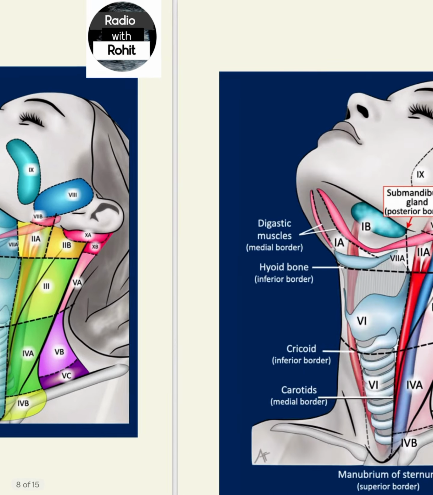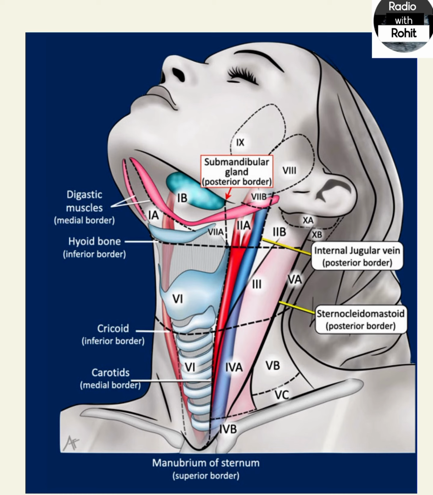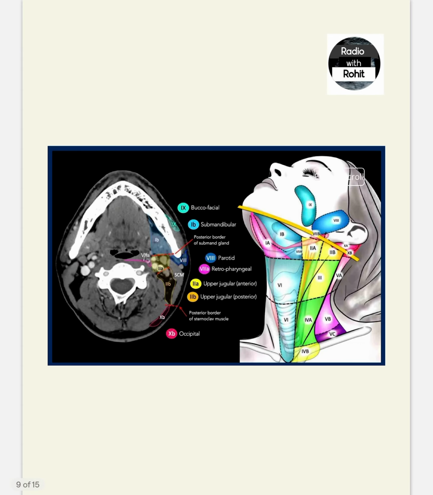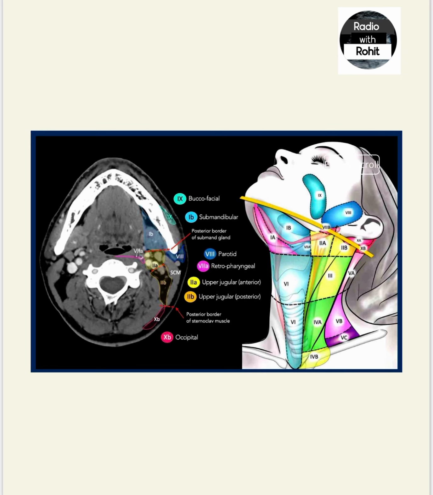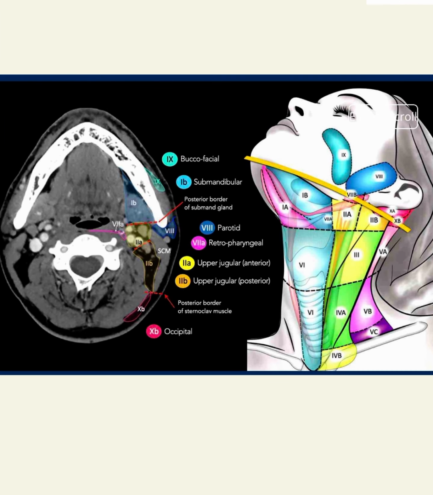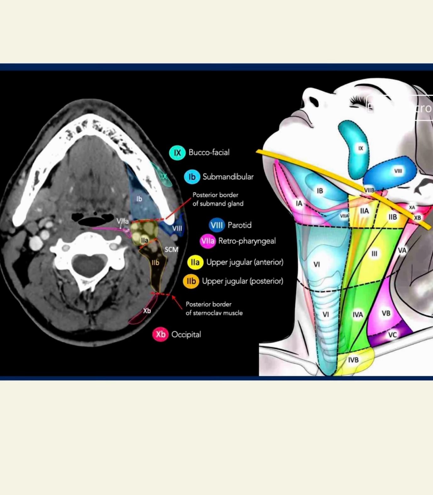Now we will discuss the importance of each level. Before that, this is our jugular vein. Anterior to the jugular vein are 2A, 3, and 4. The rest we have discussed in the previous slide. Here is our CT scan at this level. Here we can see the sternocleidomastoid.